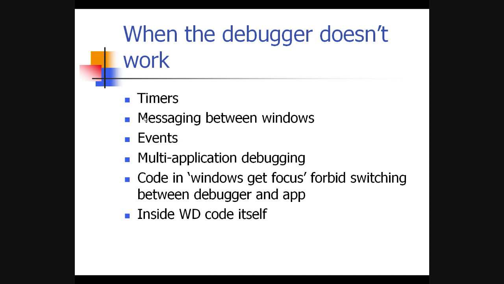Of course, there's no way you can debug inside the WD code itself. You're not going to be able to see what the PCSoft guys are doing in their code during HReadFirst, TableAdd, or whatever else you can have a problem with.